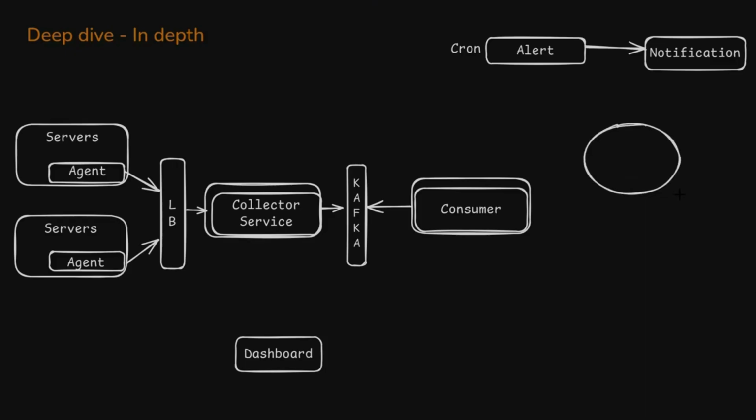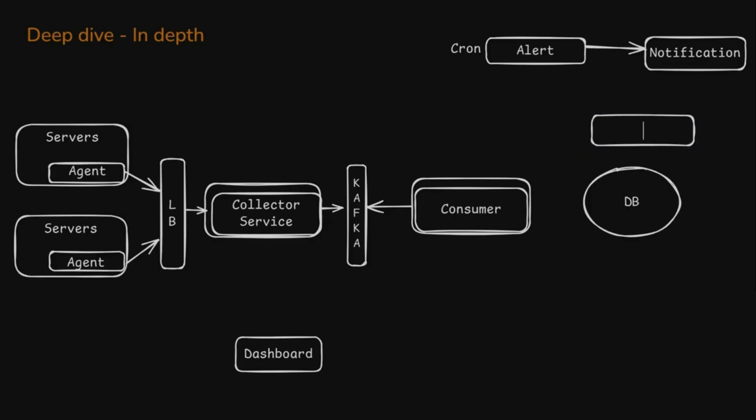This database we need to talk about. This database should support the range query. So this is a database, and if we wanted this database to support the range query, let's include the query service.